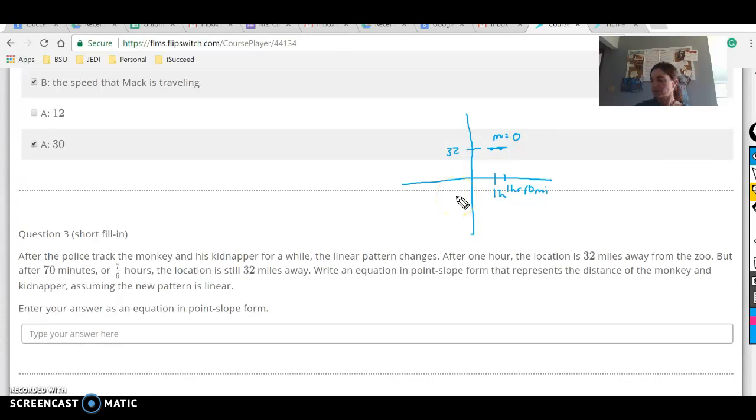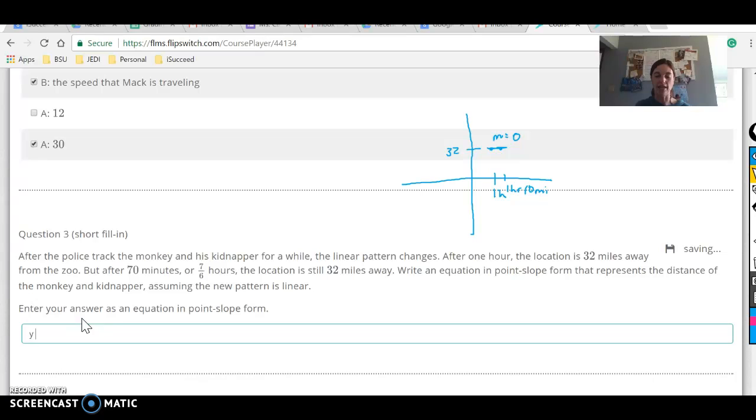So we've got a horizontal line, which means that our slope is 0. Basically, in this case, our y value is not going to change, but our x values are going to change. So when we write this in point-slope form, it's going to look like y minus 32, because those are my two y values, equals 0 times x minus 1.